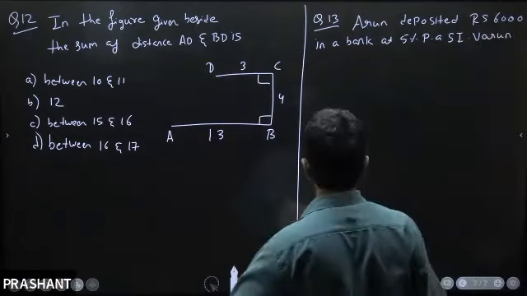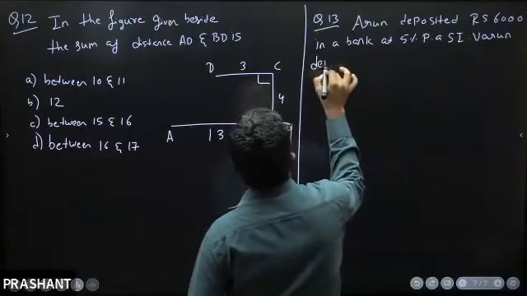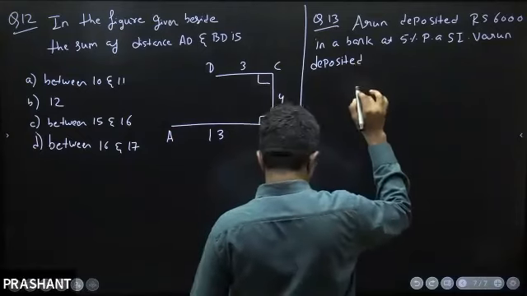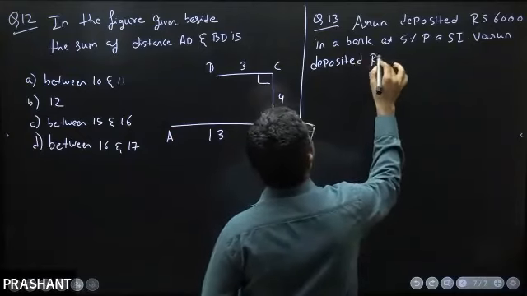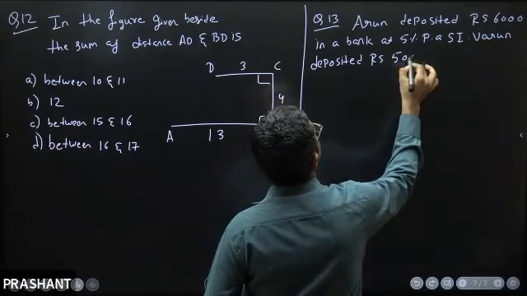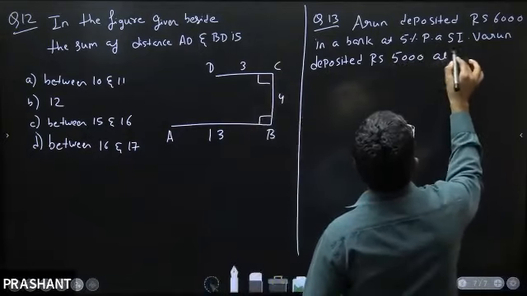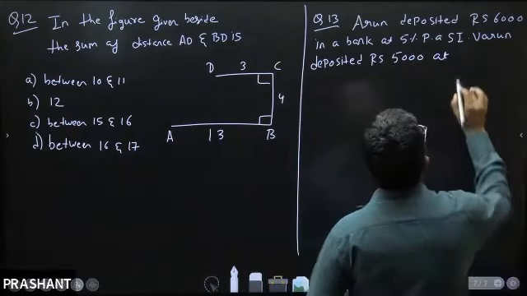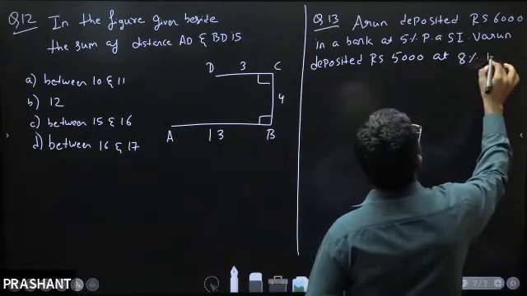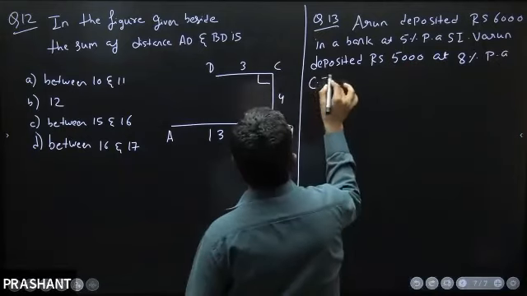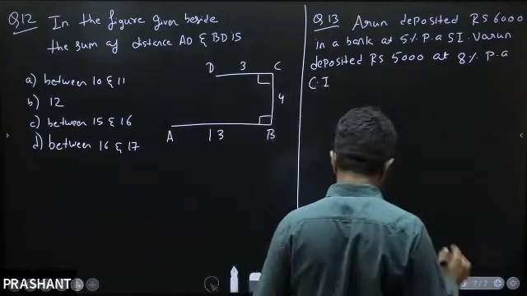Varun deposited rupees 5,000 at 8% per annum compound interest.